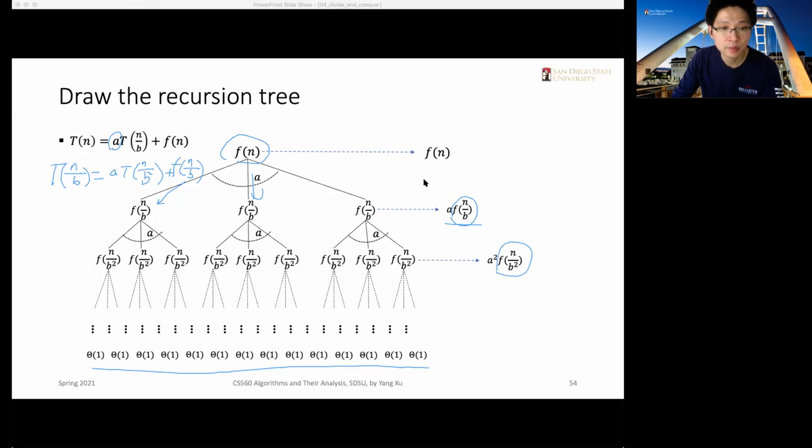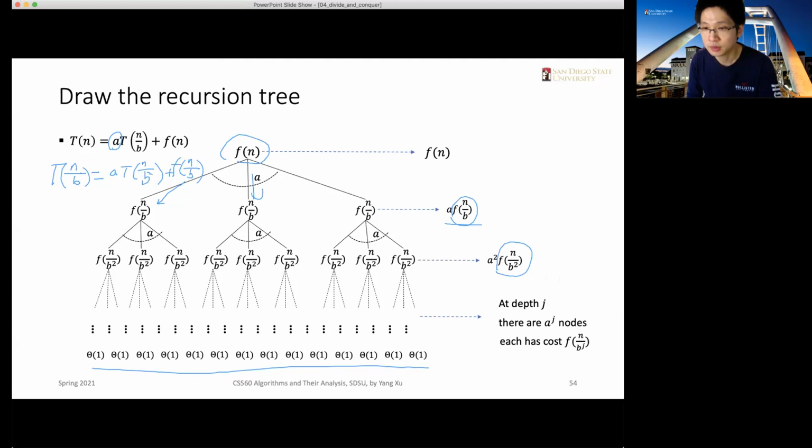At some depth j, that's something we can infer. There are a to the power of j nodes, and each node has a cost of f of n over b to the power of j.